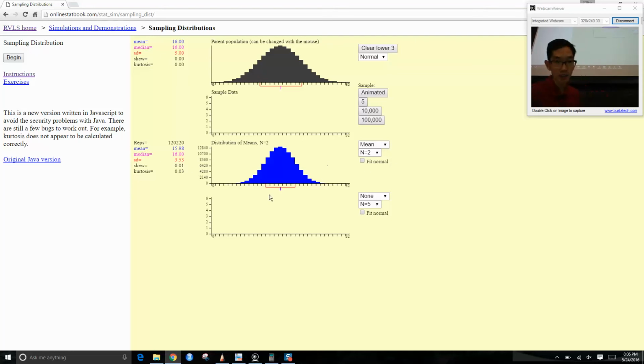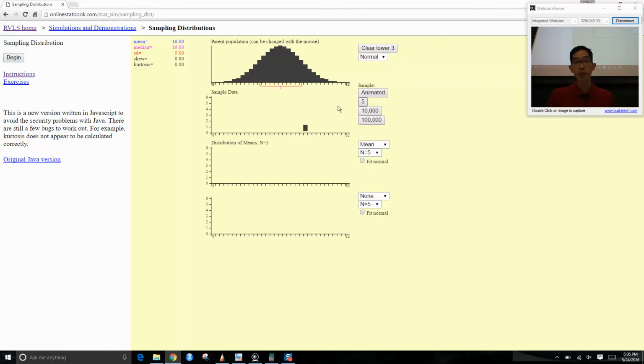And after doing this a bunch of times, we see that the distribution of the averages, remember these blue dots are the averages of 2 values, follows the normal distribution here, okay? And we see that the spread of this is a little bit narrower than the spread of this, right?